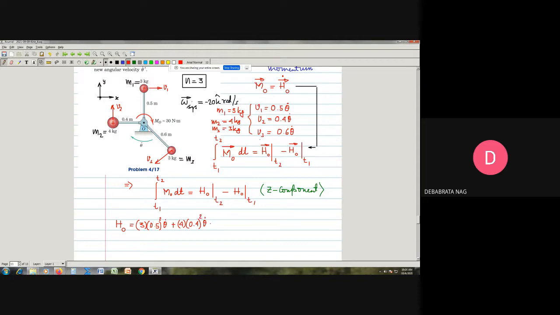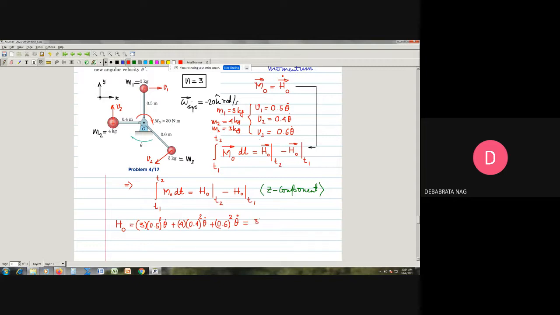So again it will be 4 into 0.4 square theta dot, plus 0.6 square into theta dot.